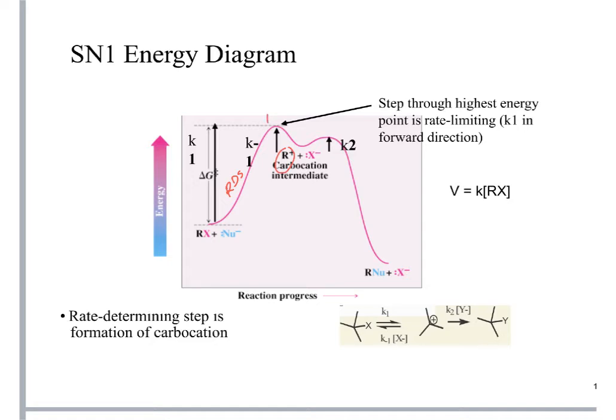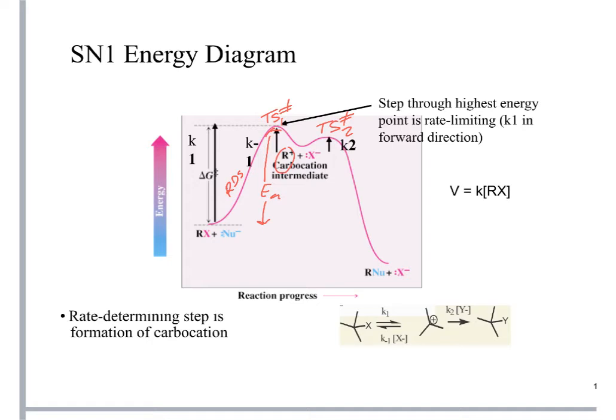And to reach this transition state, transition state 1, that's the activation energy that we need. And the subsequent step, where nucleophile combines with the carbocation, is relatively fast.